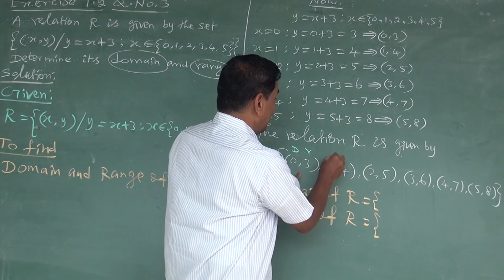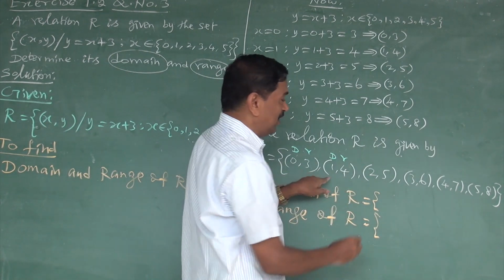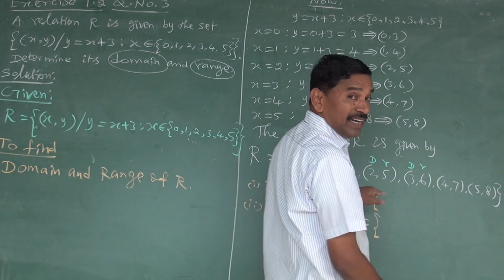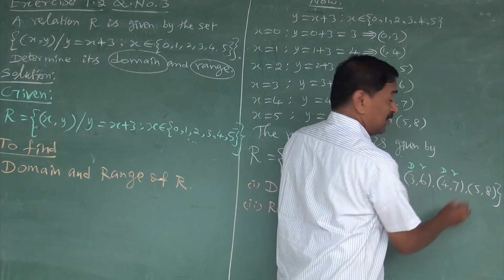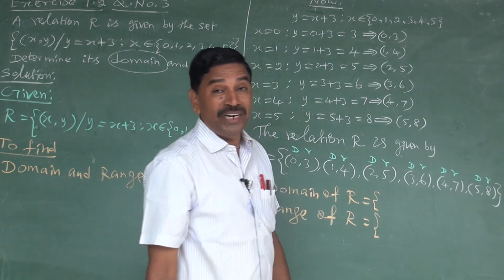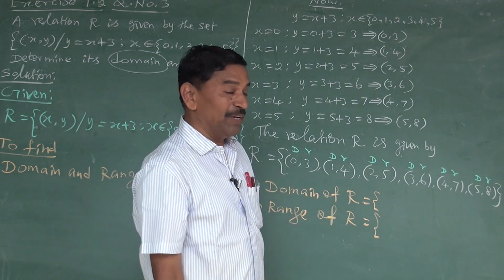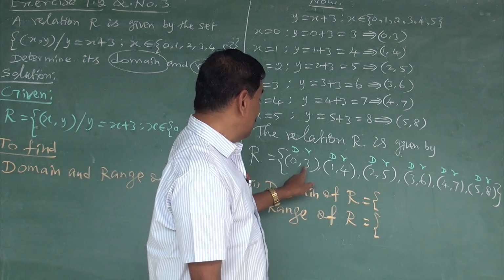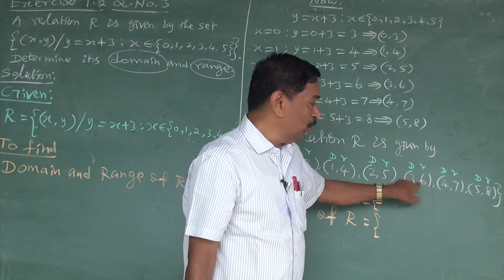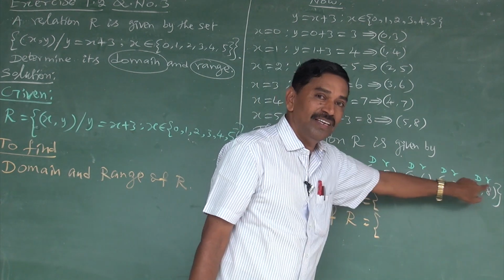Next, again doctor. Next, again doctor. For this question, count how many doctors are there? Very good. There are 6 doctors. Count it: 1, 2, 3, 4, 5, 6.